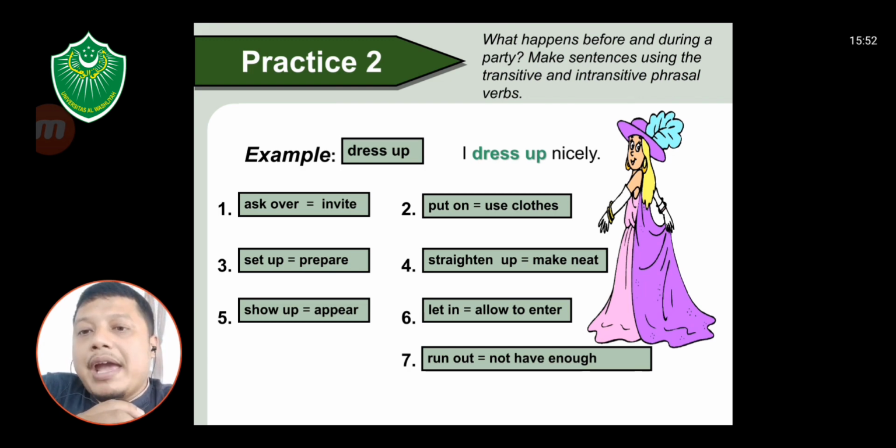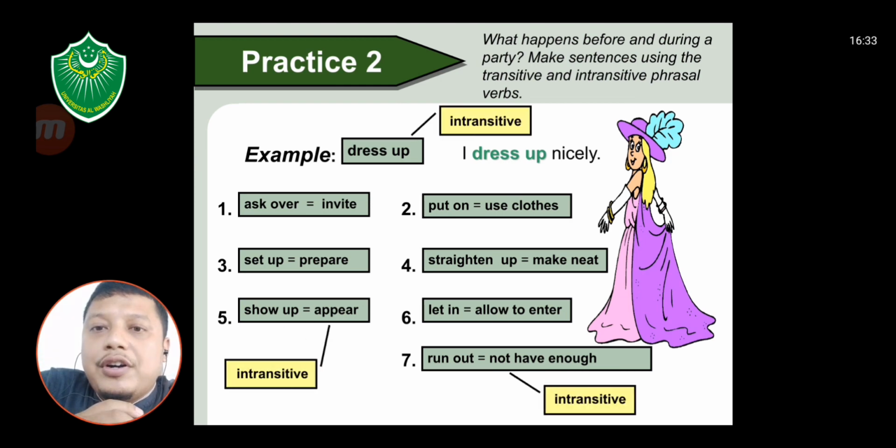Set up means prepare, and put on means wearing something, like dressing. Another meaning of put on is to build something, like put on the tent. And straighten up means make neat, you look neat. Maybe you want to look very cool and flashy when wearing something. Okay, let in is to allow to enter somewhere, right? Run out means not have enough, like run out of time, run out of money, run out of water, something like that. Okay, we continue to the next one.